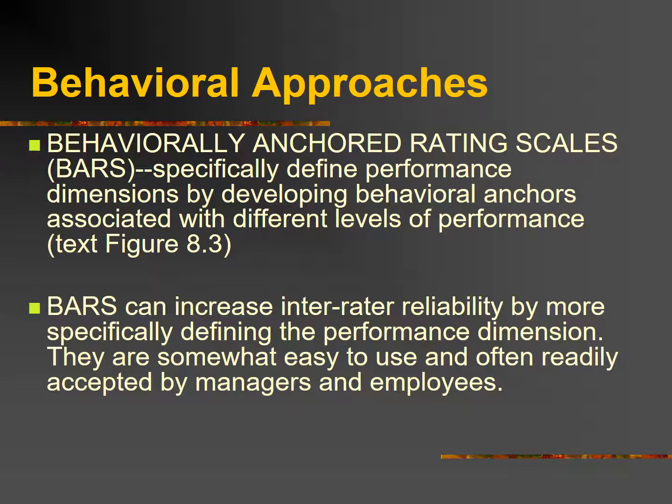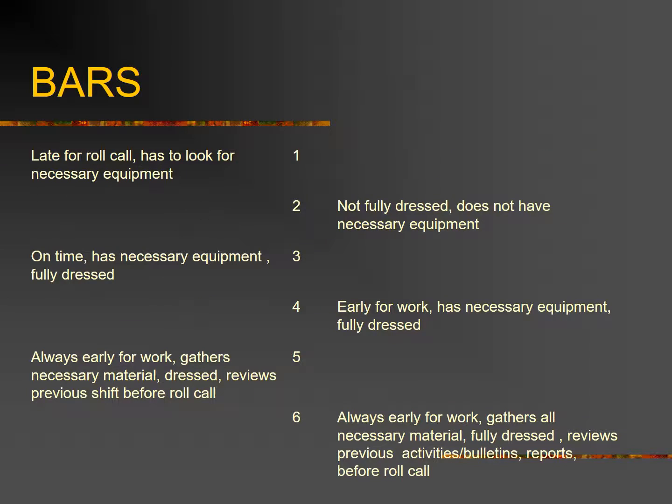So when we look at behaviorally anchored rating scales, which is what we're calling BARS, these specifically define performance dimensions by developing behavioral anchors associated with different levels of performance. What we're looking at is, you would see on the screen where you have the 1, 2, 3, 4.